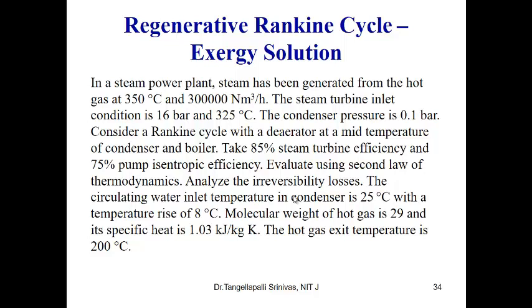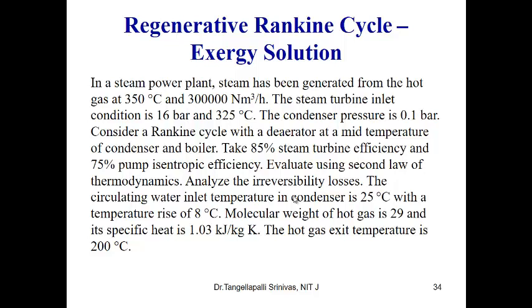The condenser pressure is 0.1 bar. Consider a Rankine cycle with a deaerator, that is a regenerative Rankine cycle, at a mid temperature of condenser and boiler. Take 85% steam turbine isentropic efficiency and 75% for the pump.